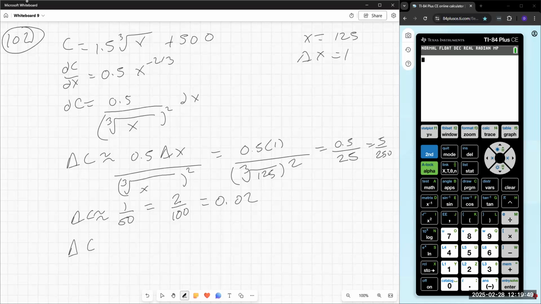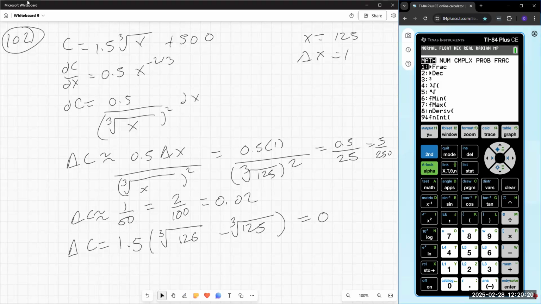So delta C is actually 1.5 times the cube root of 126 minus the cube root of 125. Let me show you this on the calculator.